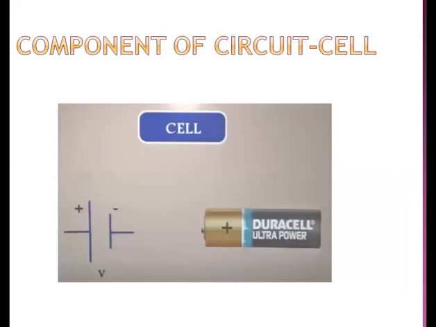Just like the cell has a positive and a negative end, the symbol also has a positive end and a negative end. The positive end is denoted by a longer vertical line and the negative end by a shorter vertical line. So this is how you represent a cell. If you draw many of these like this, it becomes a battery.